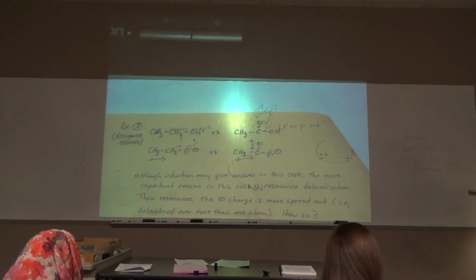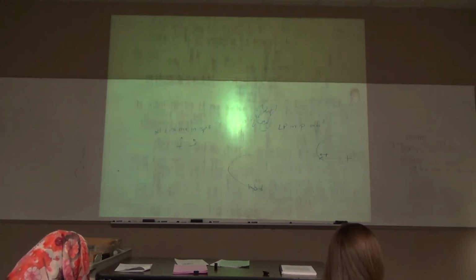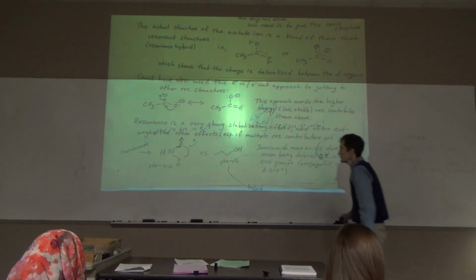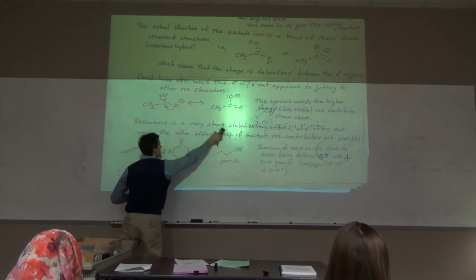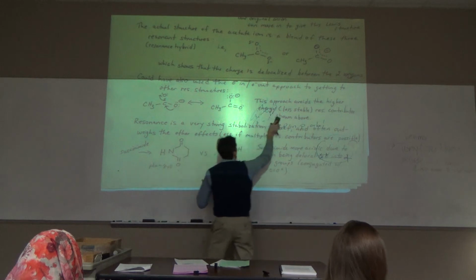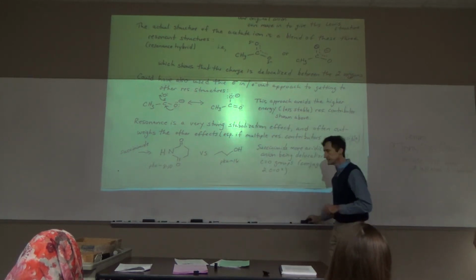But we need to understand more of the theory of resonance as we move forward. Please be reading. Resonance is when you have p orbitals interacting, and it leads to some semi-complicated considerations.